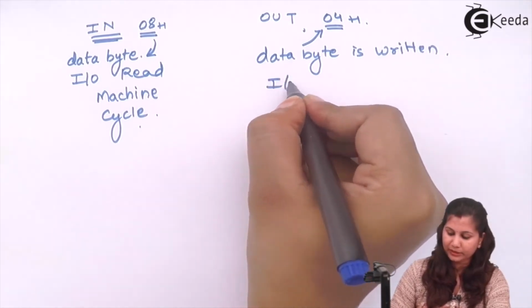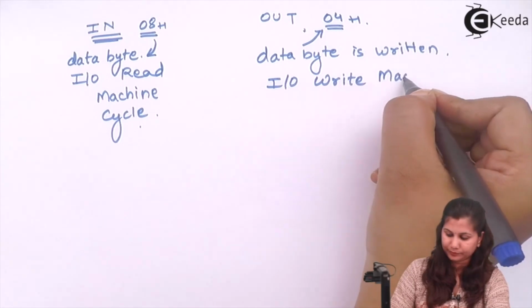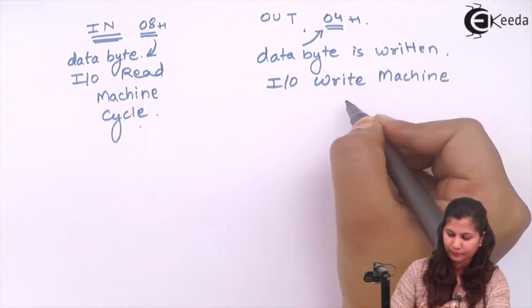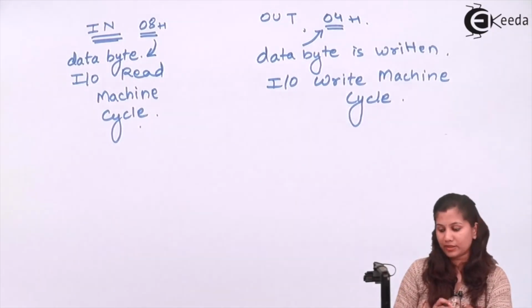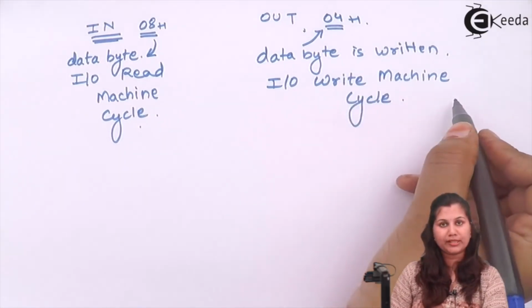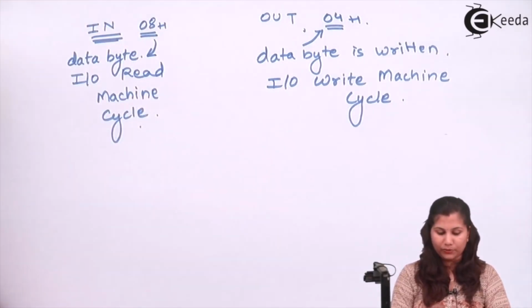This will be the input output write machine cycle. So the timing diagram which we have studied for the input output write machine cycle will be the timing diagram for the OUT instruction also.